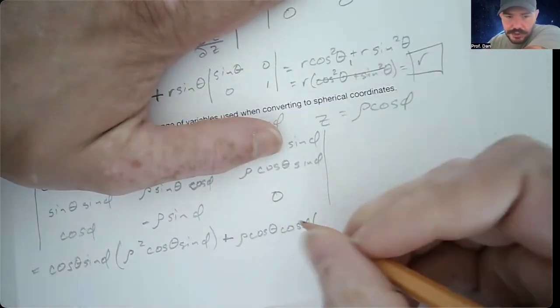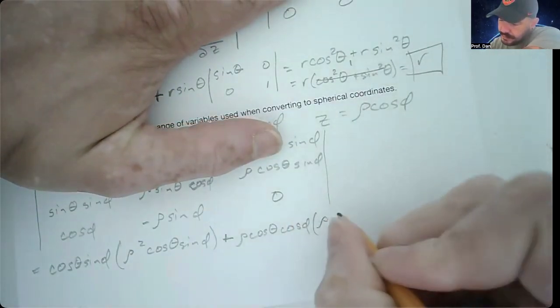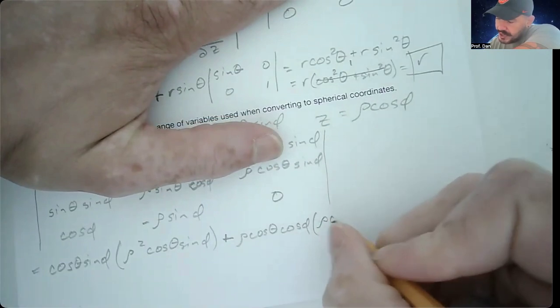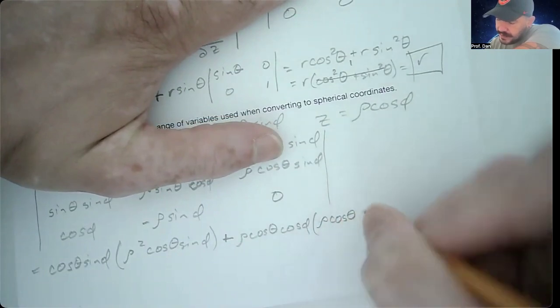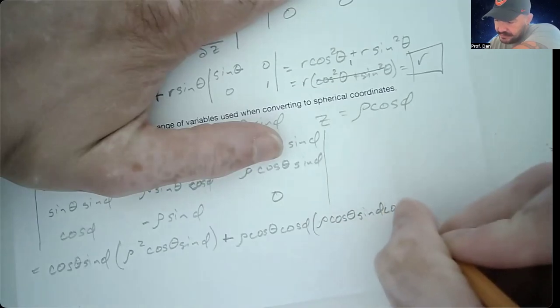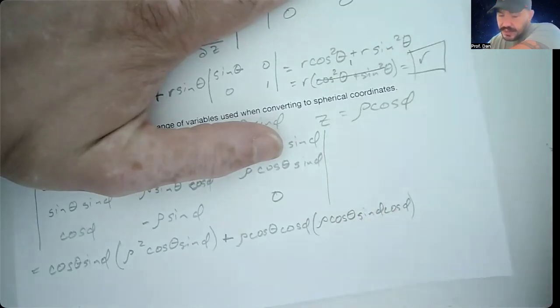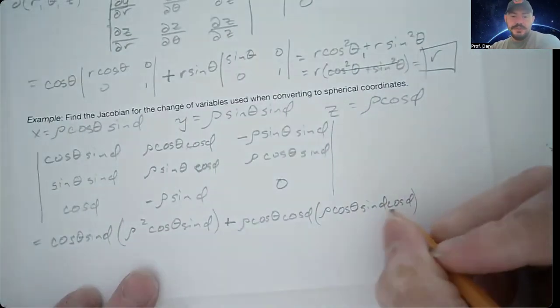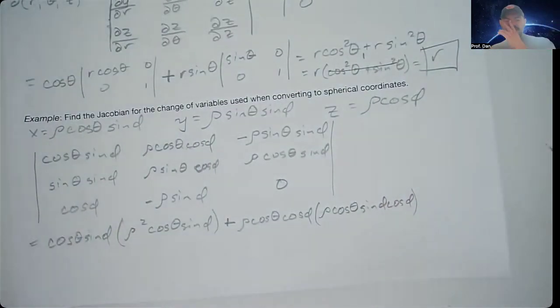All right, we get rho cosine theta sine phi cosine phi. If I really wanted to, I could rewrite that with a trig identity, but that might actually make things worse. So I will refrain from doing that.